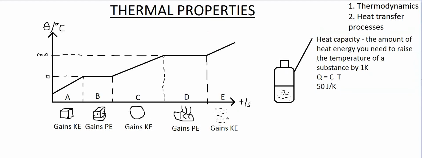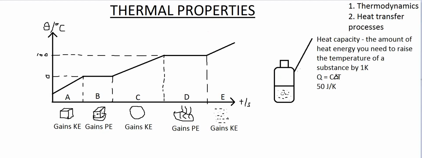What that means is that if the temperature of this water bottle is 28 degrees Celsius right now, and I want to raise it to 29 degrees Celsius, then to do that, just the water bottle alone, all I need is to apply 50 joules of thermal energy, and the temperature of the bottle only would rise to 29 degrees Celsius.